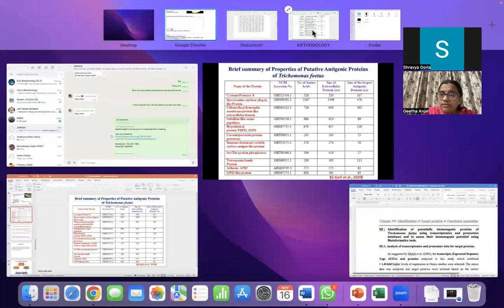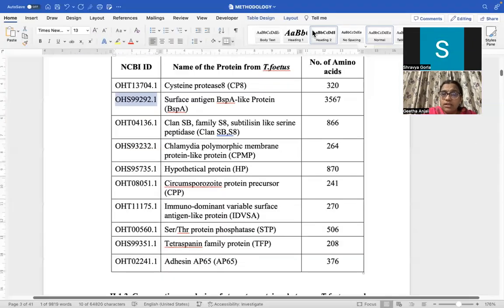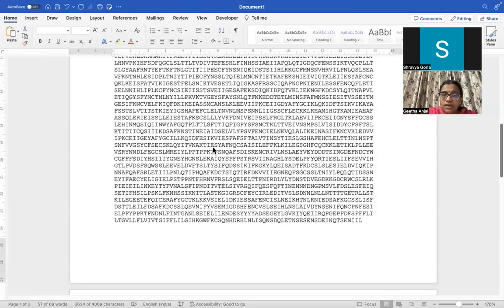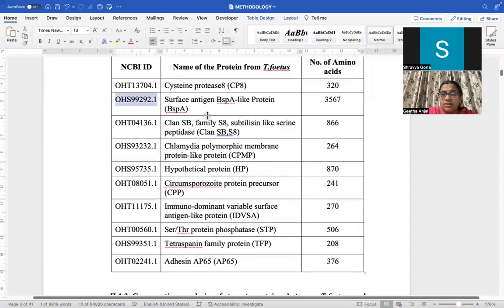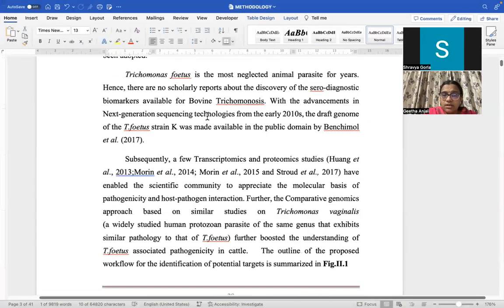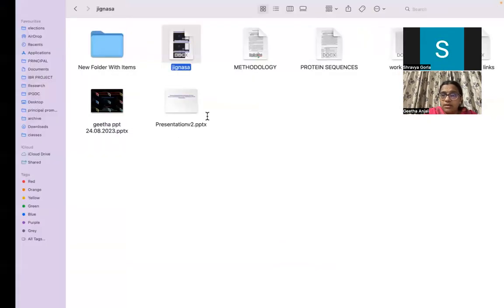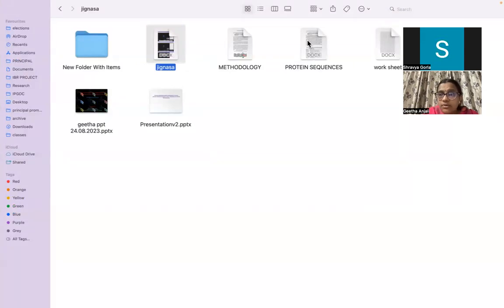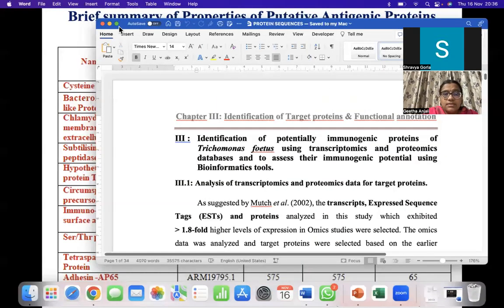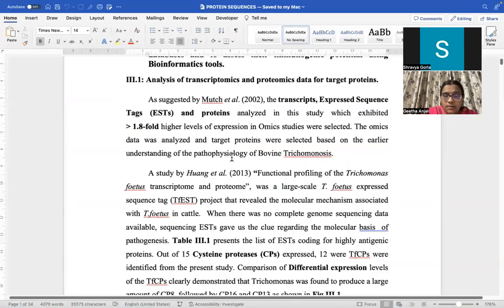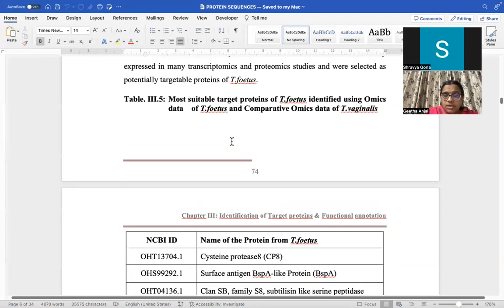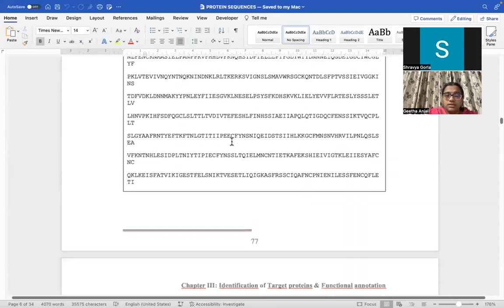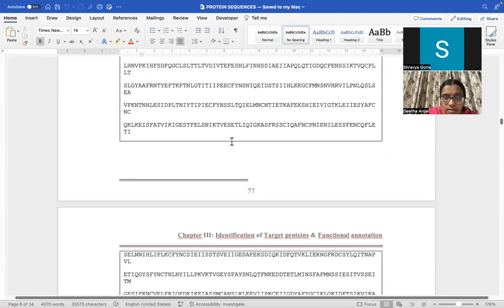You can work out all this only when you have all the protein sequences in hand. Without having the sequences, you will not be able to work out, right? So let me open your protein sequences. Yeah, here are your protein sequences that I have in my hand.